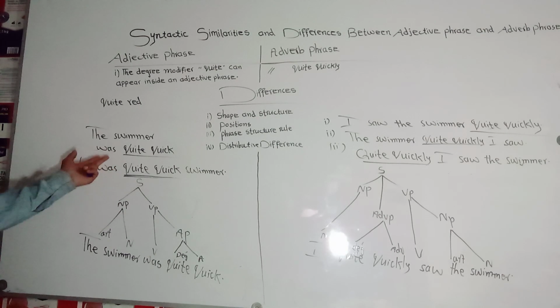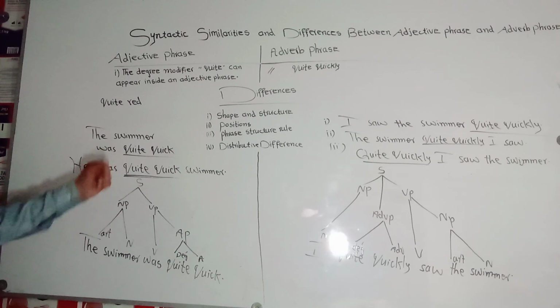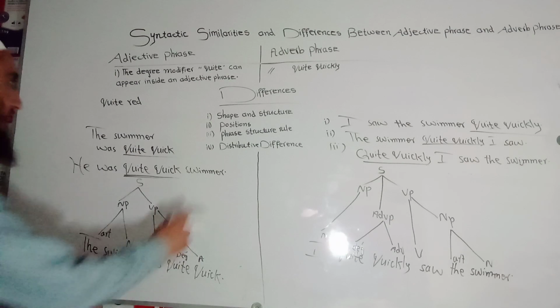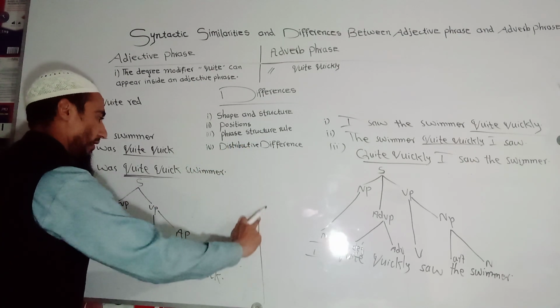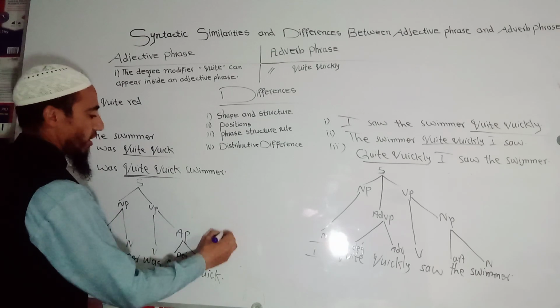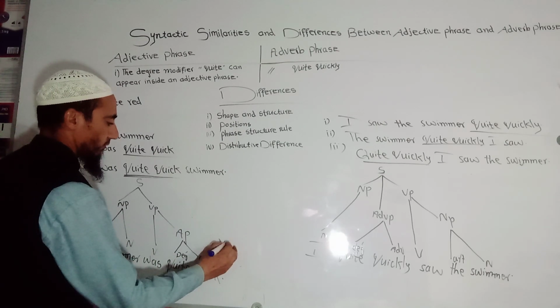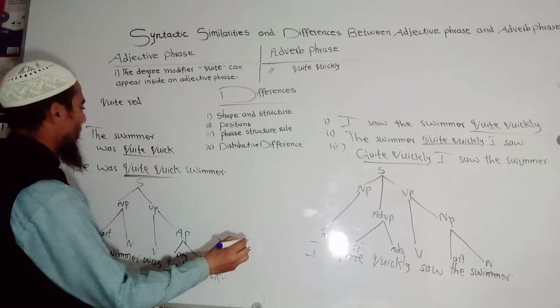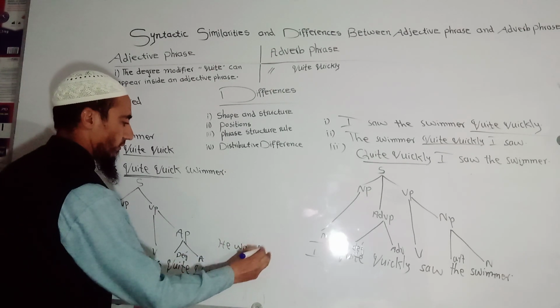If you want to draw the structure of the next sentence, he was quite quick swimmer, there are two structures you can draw for it. Let me draw them one by one. He was quite quick swimmer.